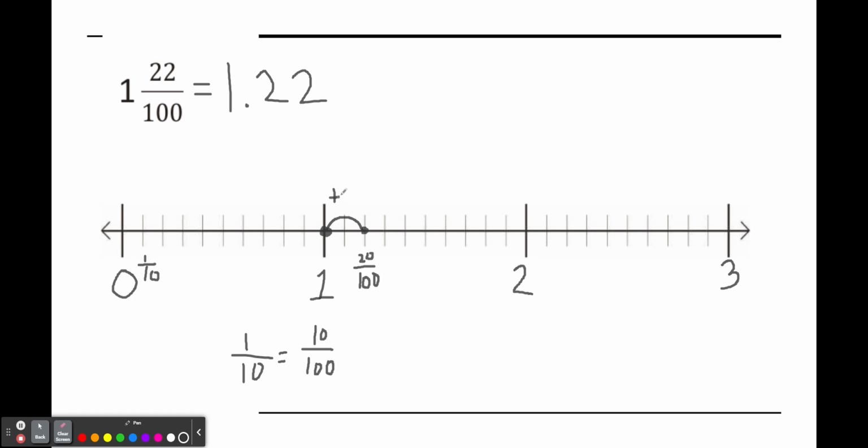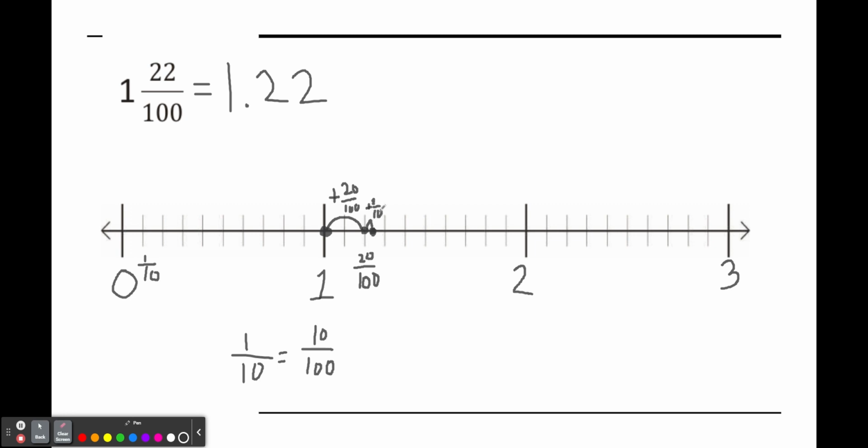So I have 20 hundredths over here, but I still need 2 more hundredths. So it's not quite at 3 tenths. It's a little bit further away from my 2 tenths. So 1 and 22 hundredths is going to be placed right here, because now I moved 2 hundredths of the way.